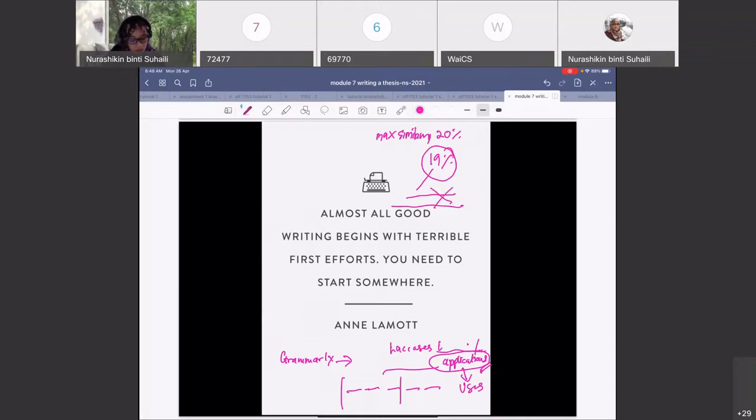That is totally wrong. Even if it is not 100%, if you have 50%, it's not advisable.